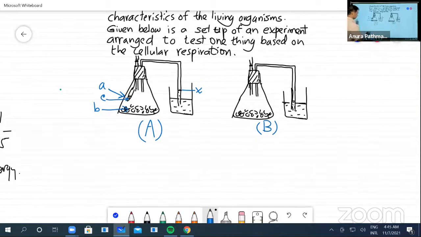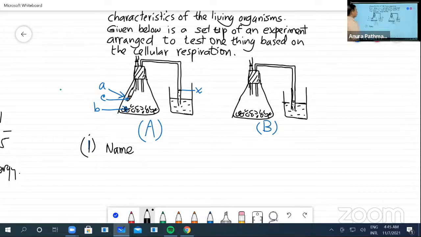First question, part 1. Name A, B, C parts.